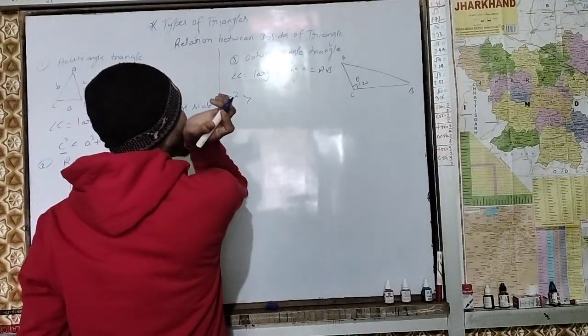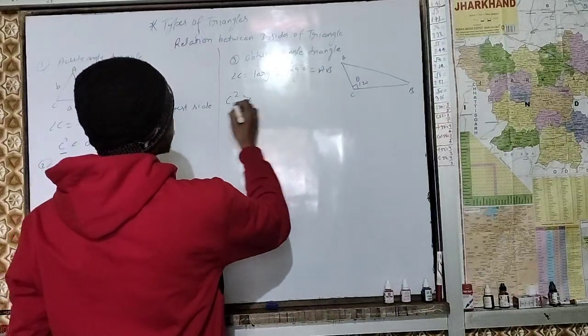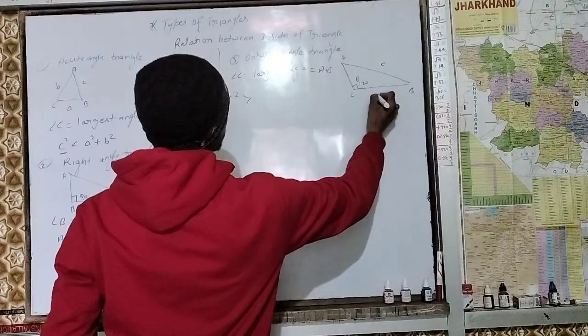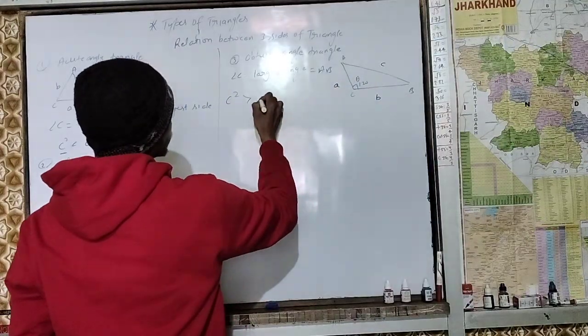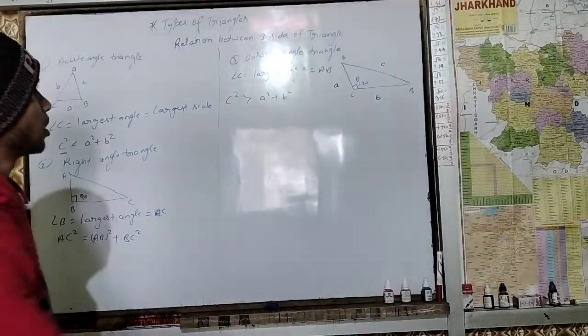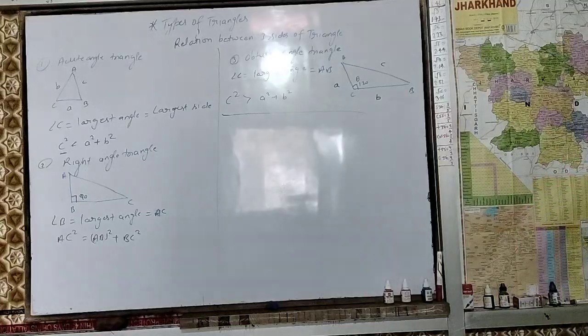C square is greater than, let's say this is C, B, A, C square greater than A square plus B square. This was the relation between them.